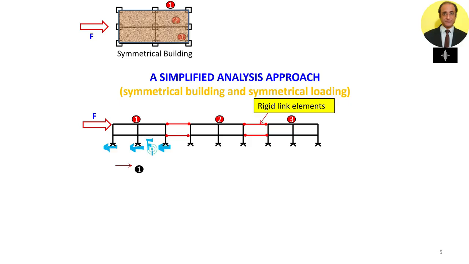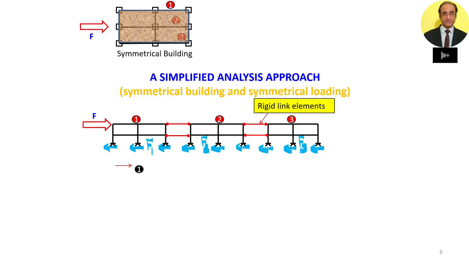So let's say for frame number 1, the reactions sum up to F1. Frame number 2, the reactions sum up to F2. And frame number 3, the reactions sum to F3. So F1 and F3 would be the same because the frames are identical.